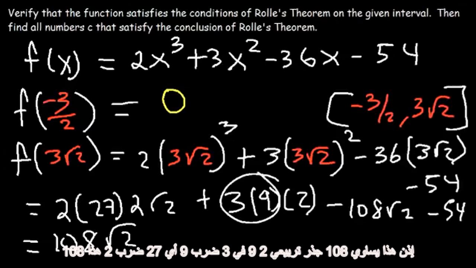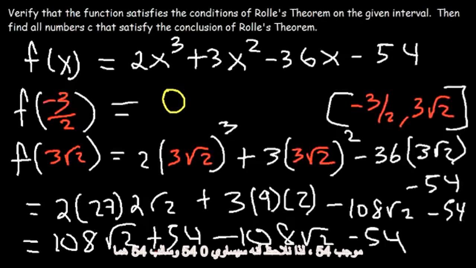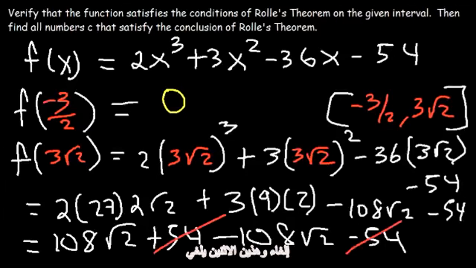3 times 9, that's 27, times 2, that's positive 54. And so we could see that it's going to equal 0. 54 and negative 54, they cancel, and these two cancel.